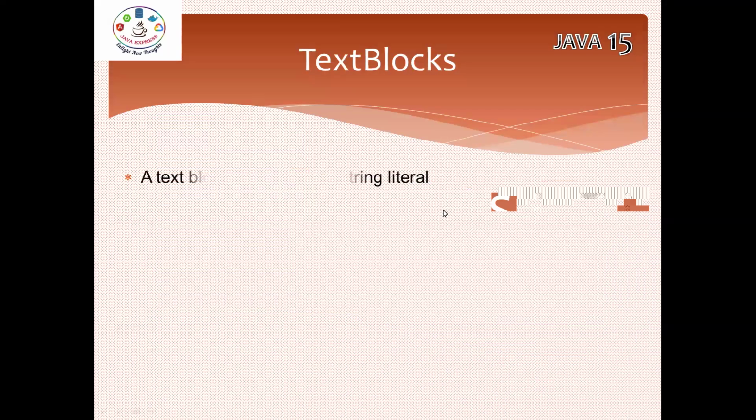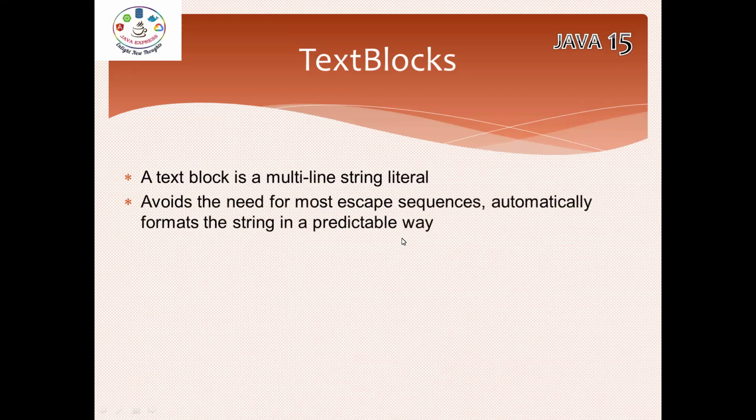Have a look, guys. A text block is a multi-line string literal. If you want to write some HTML data, XML data, or JSON data, we normally use \n escape characters. We can avoid those escape characters using the text blocks concept, for most escape sequences.